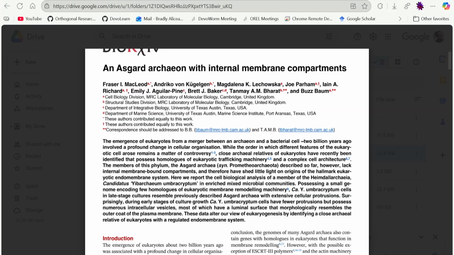Surprisingly, during early stages of culture growth, this type of cell has fewer protrusions, but possesses numerous intracellular vesicles, most of which have a luminal surface that morphologically resembles the outer coat of the plasma membrane. These data alter our view of eukaryogenesis by identifying a close archaeal relative of eukaryotes with a regulated endomembrane system.